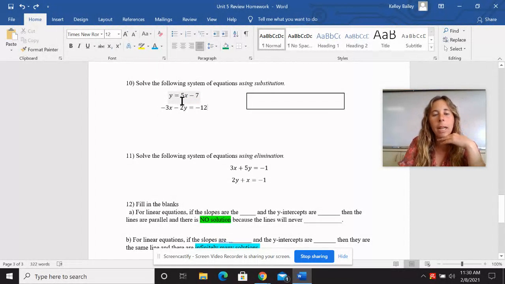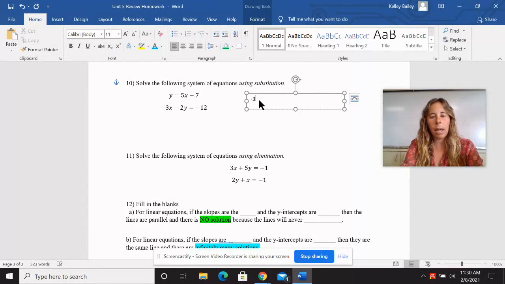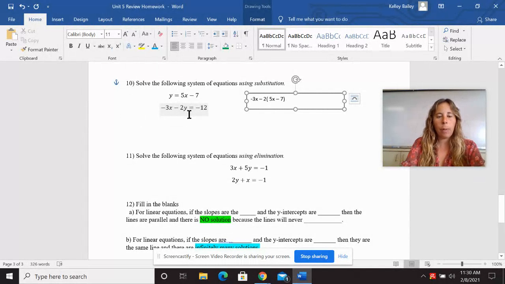So you're going to take 5x minus 7 and substitute it in for y in this bottom equation. All right, so we have negative 3x minus 2 times y. So you're going to substitute in 5x minus 7. Okay, and then don't forget to rewrite everything. Equals negative 12.